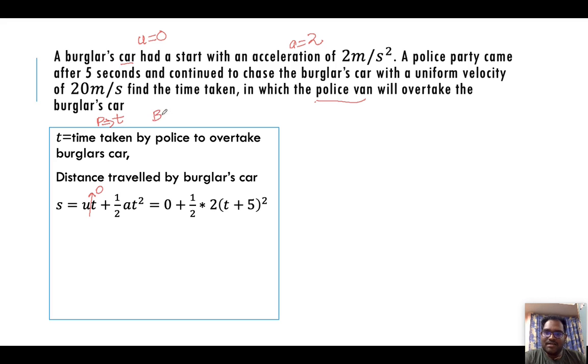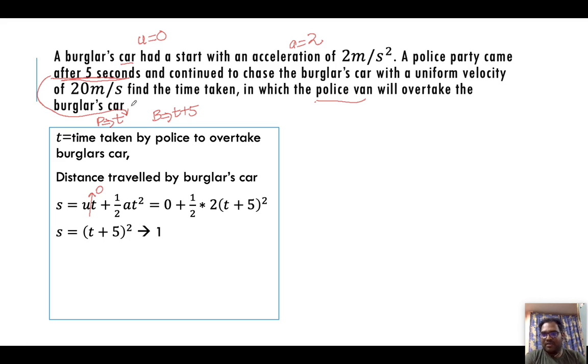Your burglar's car obviously should have started 5 seconds before it. So this is taken from this particular statement. Okay, so this particular statement has given this particular value. Okay, so now you can just substitute it. Here you have s is equal to (t plus 5) square.